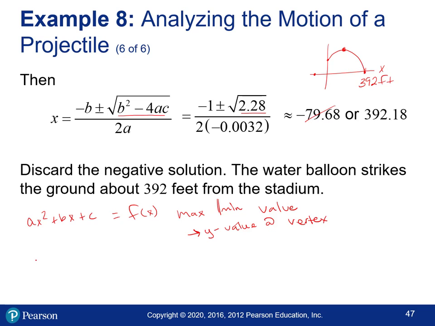If we want to know something about the projectile hitting the ground, then we know that the height is going to be equal to 0. Then you solve, and most of the time you're going to solve by using the quadratic formula. You don't have to, especially if you can factor. If you can factor, then do that. But the one we just did was pretty hard to factor, so just use the quadratic formula, and then you'll solve for x. All right, so that is it for this one.